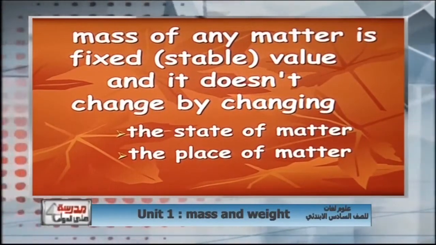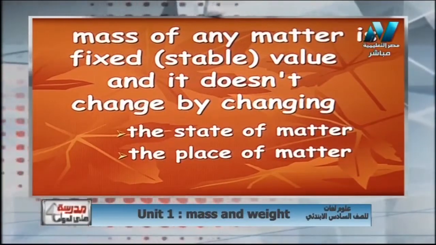For example, your mass on the earth is 6 kilogram. On the moon it will again be 6 kilogram. On Jupiter, the biggest planet as you know, it will also be 6 kilogram. So mass doesn't change whatever you change the place of the matter or even its state. For example, if you have a cube of ice, this cube of ice has a mass of 30 gram, for example.